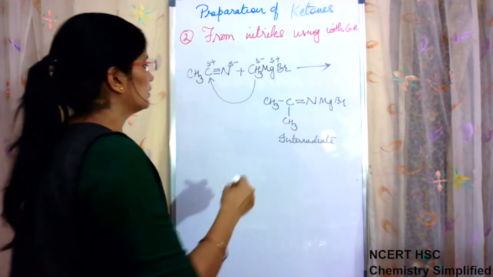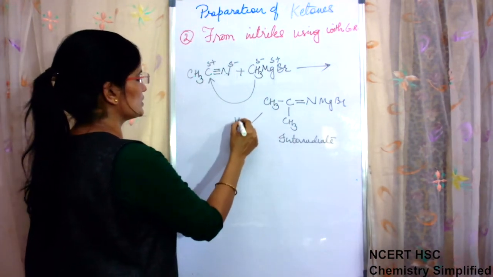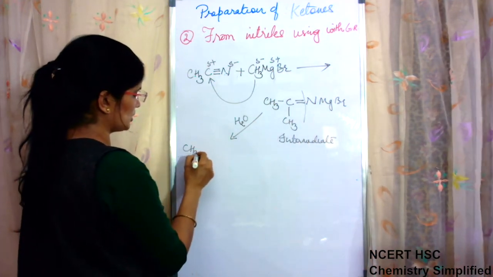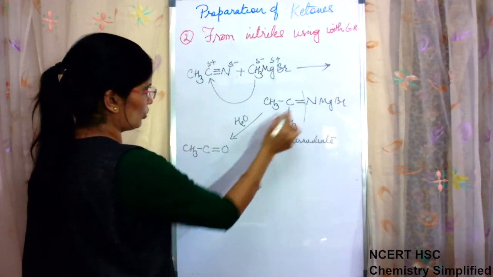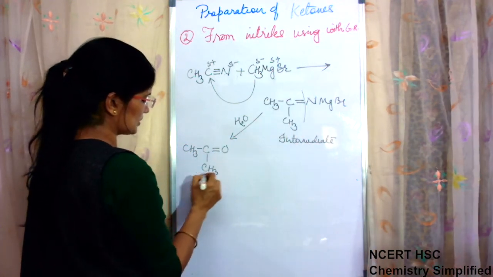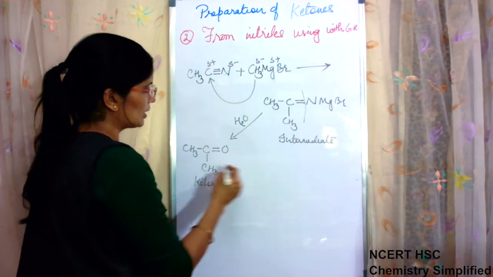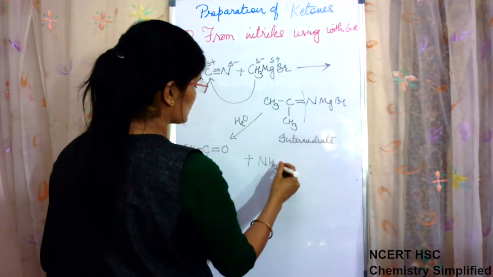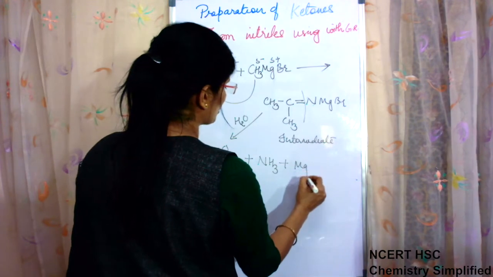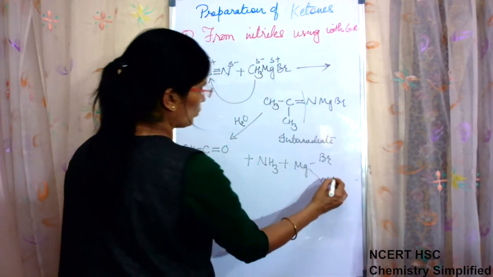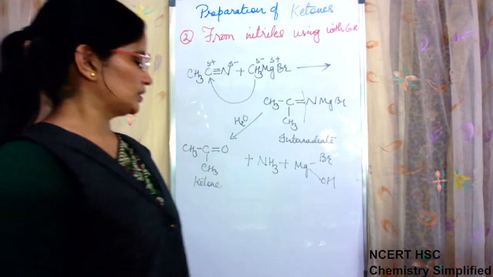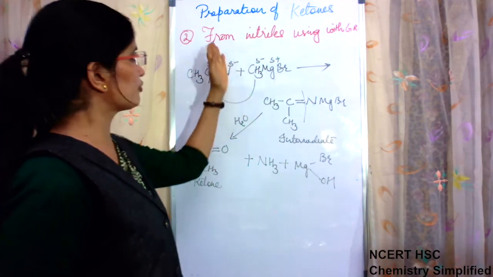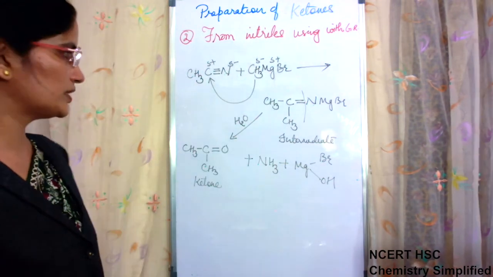Okay, this intermediate on hydrolysis will form a ketone, that is CH3 C double bond O and CH3, this is a ketone. Okay, plus byproduct NH3 will result in ammonia formation, plus MgBr and OH. Okay, so this is the second method of preparation of ketones, only from nitriles using Grignard reagent.